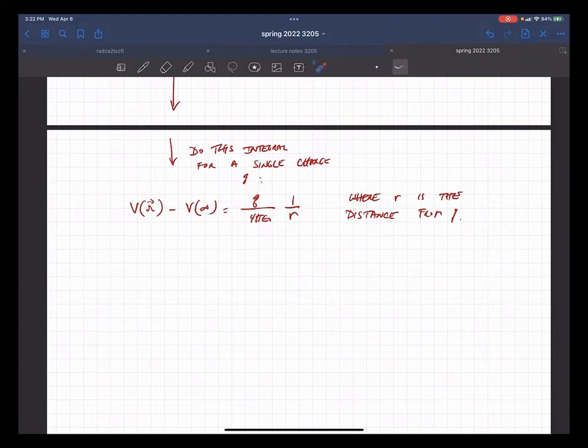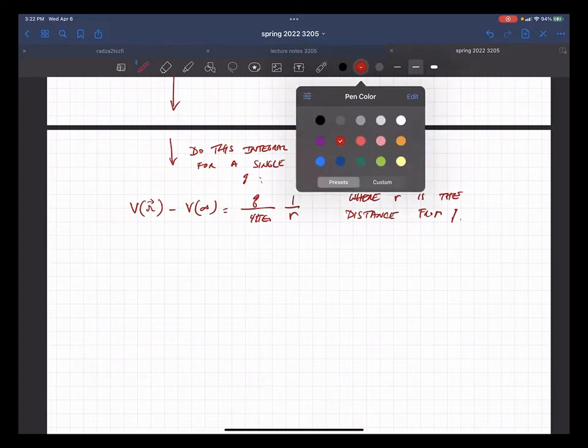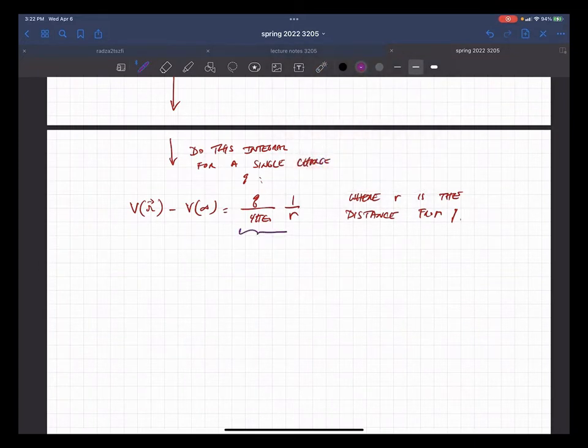Now this looks a lot like, especially after spring break, Coulomb's law, in the sense that we got this familiar Q over 4 pi epsilon, and then we have this 1 over R kind of function, but there are definitely differences.